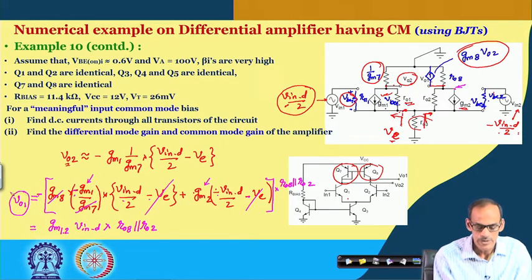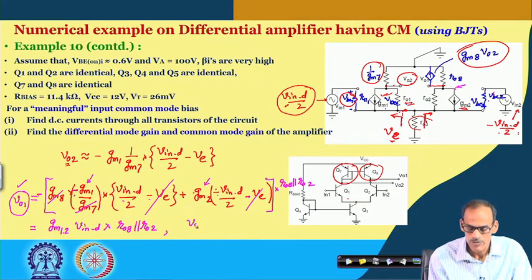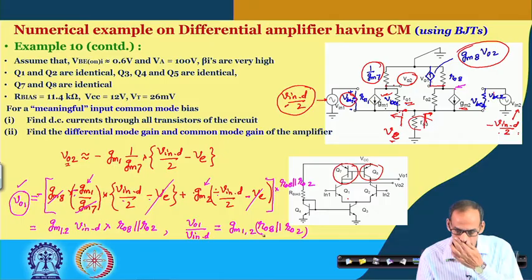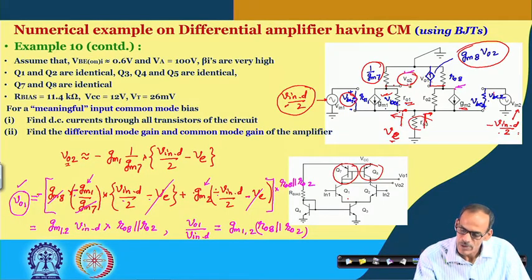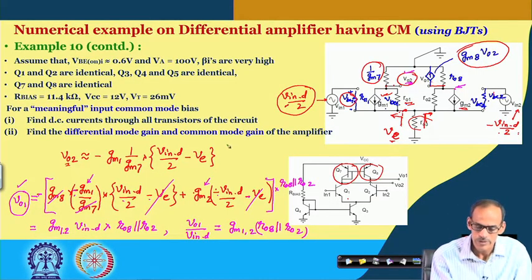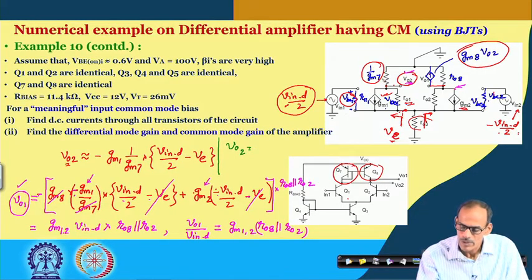So, if I call this the net output voltage VO1 by differential input here, it is equal to GM1 or 2 multiplied by RO8 in parallel with RO2. On the other hand, the voltage at this node, VO2, is very small.